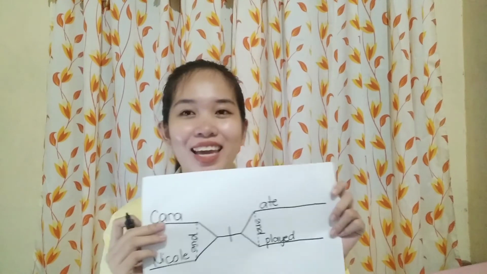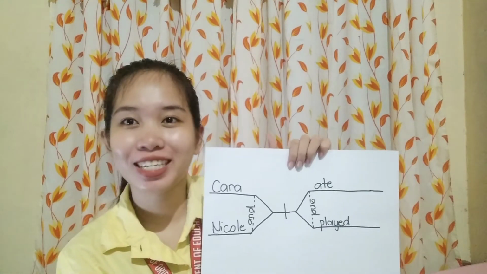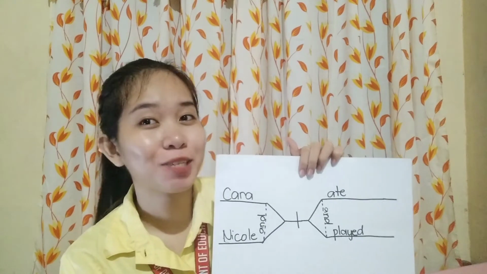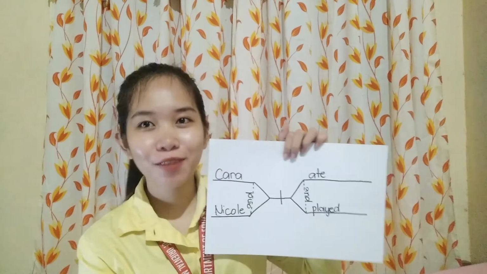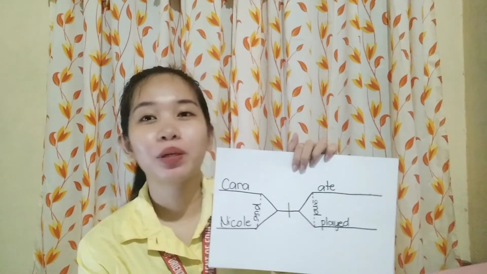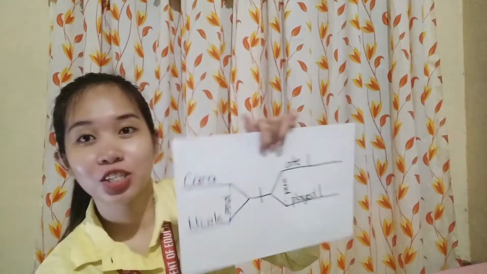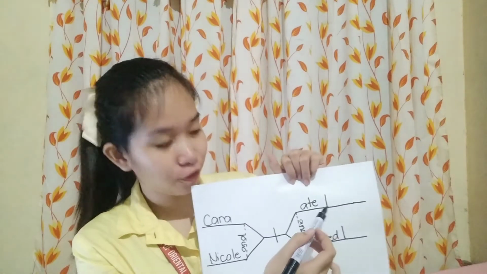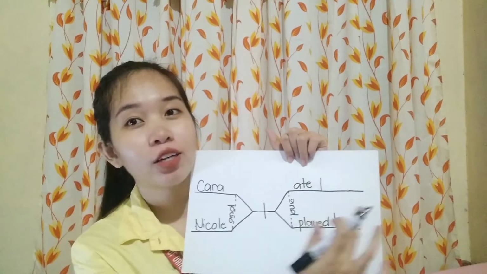And of course, our verbs function as transitive verbs in the sentence because they have a direct object. So because of the existence of a direct object, we will draw a vertical line. As you can see, I drew a vertical line that does not intersect the horizontal line.